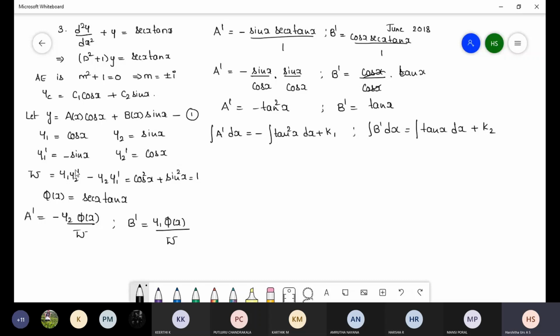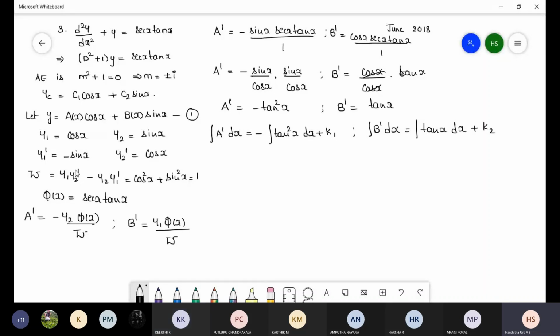What is the general formula, how will you write it in terms of secant square? See, if you forget the basic things, it is very difficult.